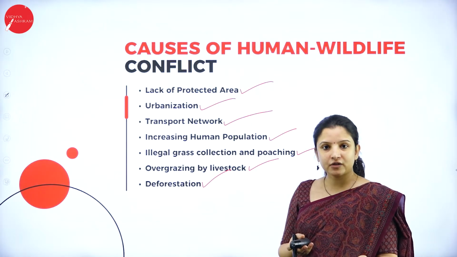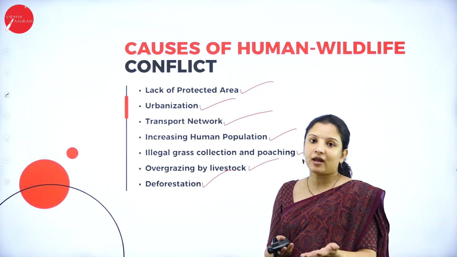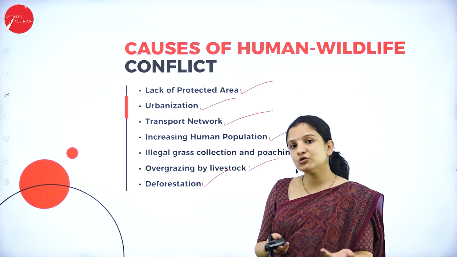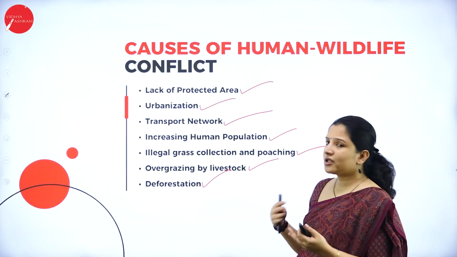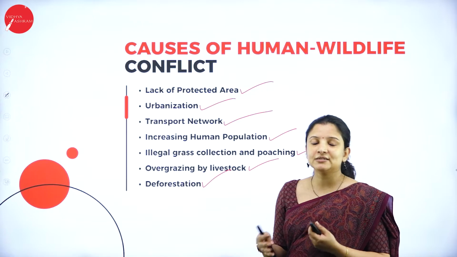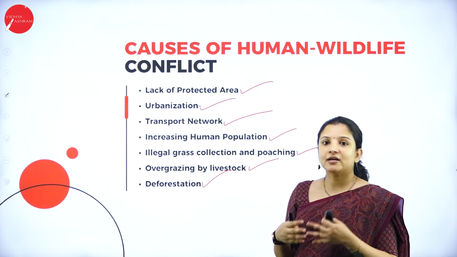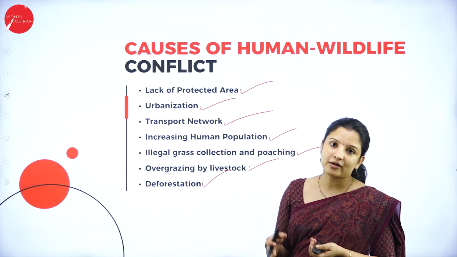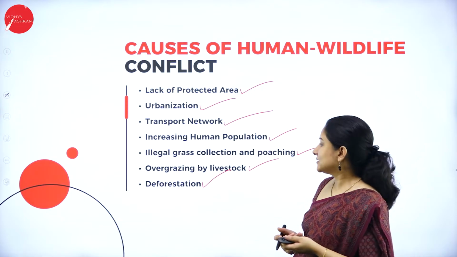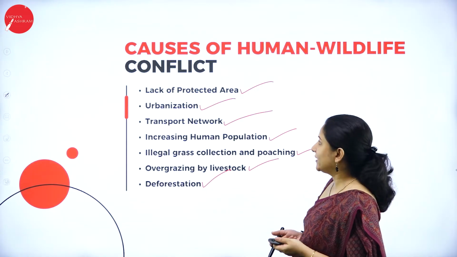It's not the fault of the monkeys, of course, because we have been encroaching on their areas. Then obviously they'll have no space and no food, and they'll come into human settlements. That is how deforestation, or cutting of trees, has led to a decrease in forest area, and therefore the animals start to enter villages and cities. So these are some of the causes of human wildlife conflict.